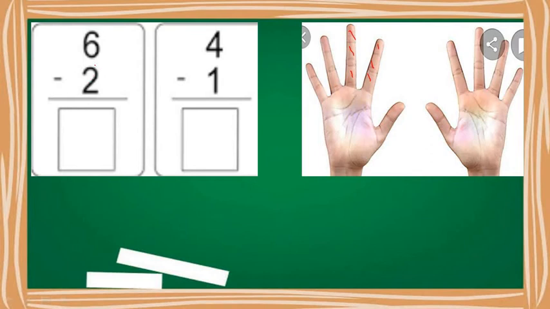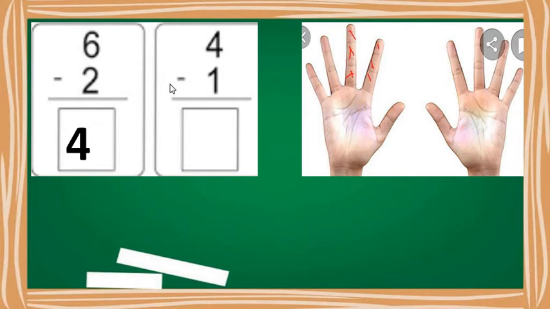Cross out 2 out of these 6 fingertips. 1 and 2. Now see how many fingertips are remaining there. 1, 2, 3 and 4. So we can say that 6 minus 2 is equal to 4.